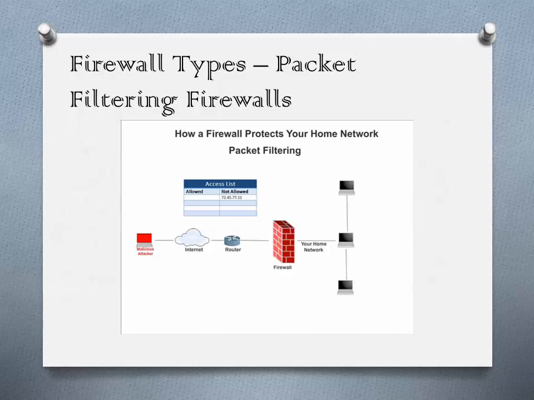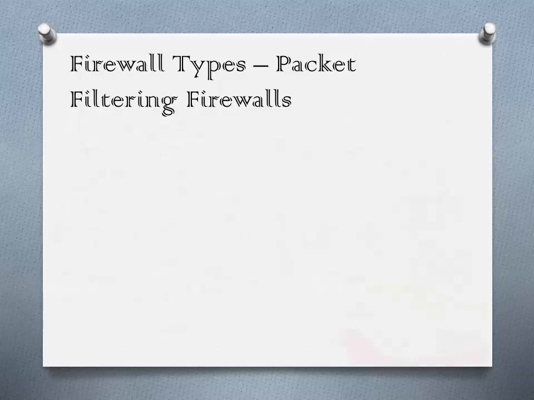Basically, the router would receive information from the outside or the internet, and it would check through its access list to know whether the source IP address is allowed or not allowed to deliver its packets to the designated computer.